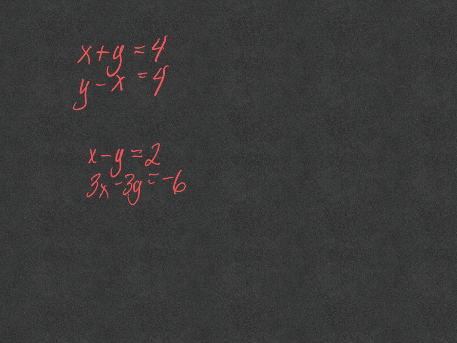Okay, and then let's go for a third one. Let's try this. So we have 3 different problems here, and these 3 problems all have different types of solutions. Different things will happen when you look at their graphs.